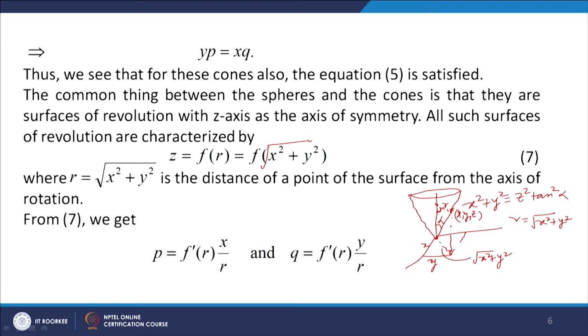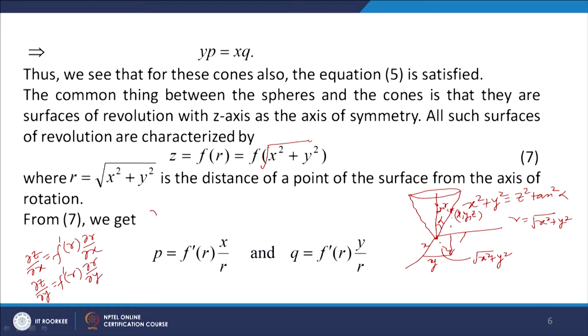So, z is a function of r, and from this equation z equal to f(r), when we differentiate partially with respect to x, we get f prime r into the partial derivative of r with respect to x, and when we differentiate partially with respect to y, what do we get? f prime r into the partial derivative of r with respect to y.